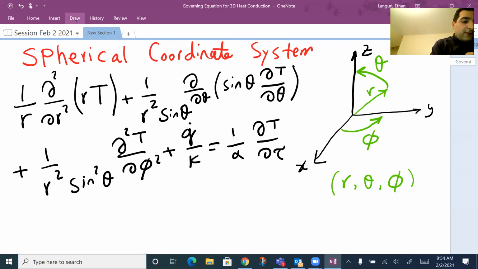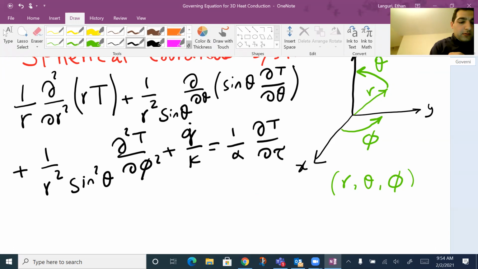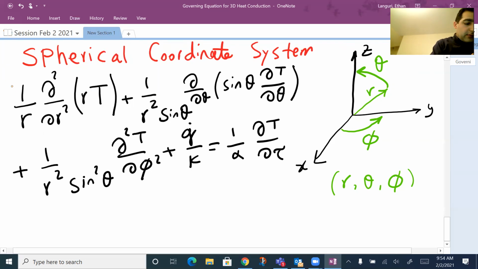This is my final form for a spherical system.